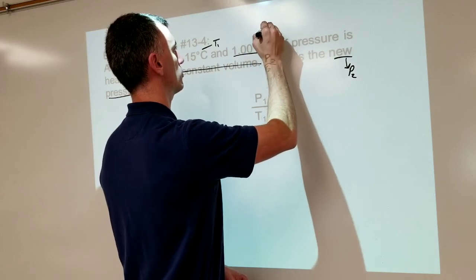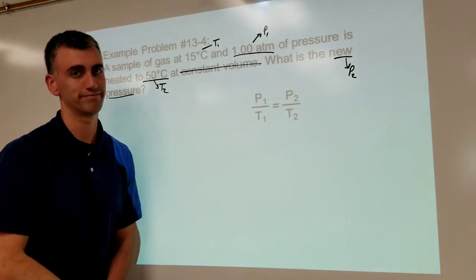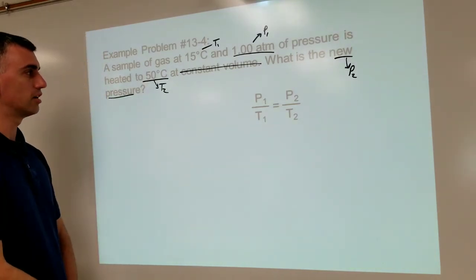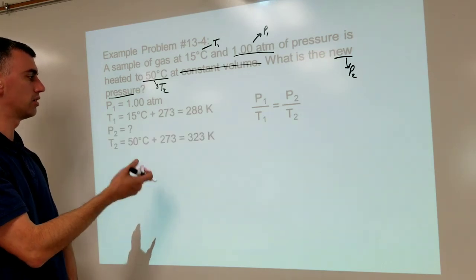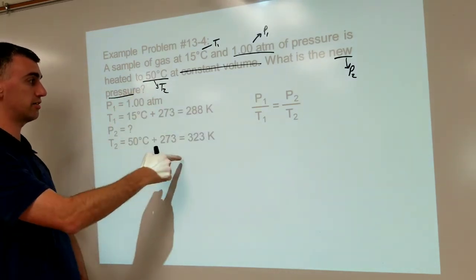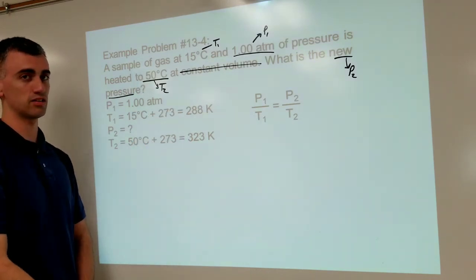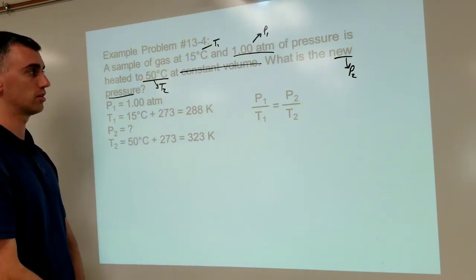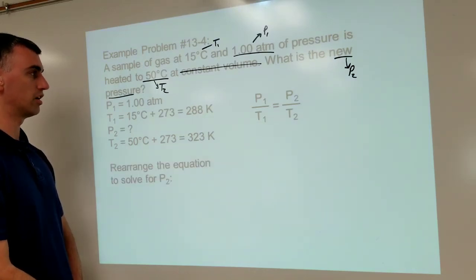You could also say that because this goes with this, if that's temperature 1, it's pressure 1. So given that, the next step, identify your variables, done. Convert temperatures to Kelvin. Oh yeah, don't forget, you cannot do this temperature calculation with degrees Celsius. You will get the wrong answers. And then once you've done that, it's a matter of rearranging the equation for what you need.